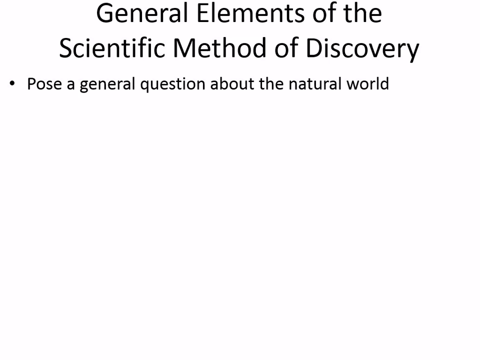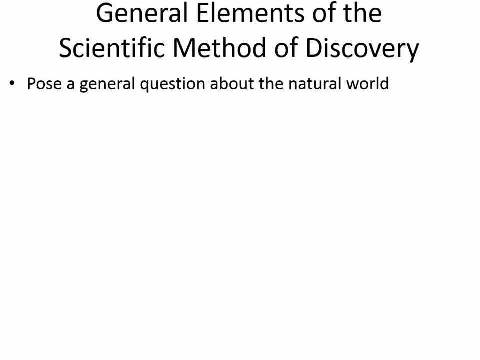First off, you come up with some sort of question about the natural world. I emphasize the word natural because the other side of natural is supernatural or spiritual. So when we talk science, already there is a line between the natural world and the unnatural world. I'm not saying the unnatural world does not exist.